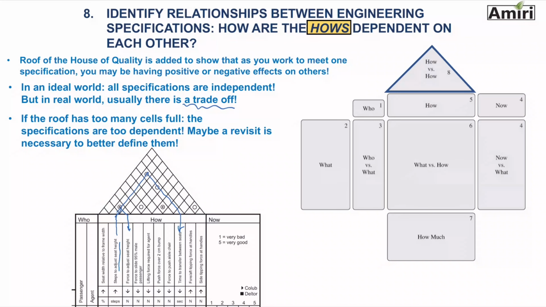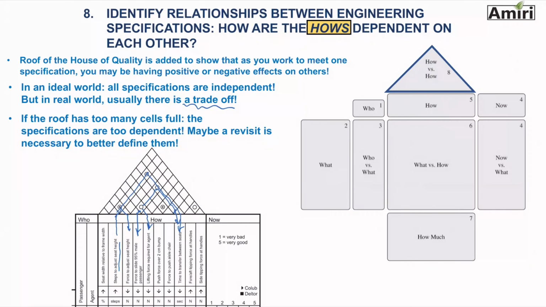Another example, force to slide 95% male passengers has a medium relationship to this one. It means when you want to improve one, you are going to affect the other one as well. It has another medium relationship with another spec too so far.